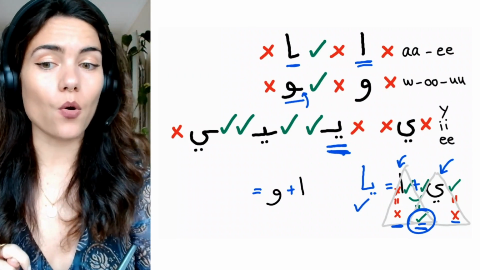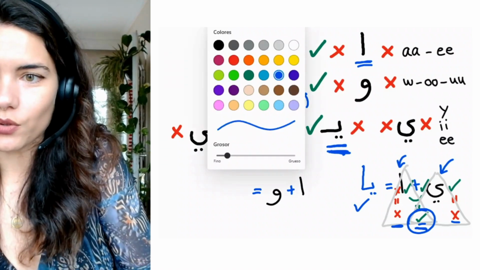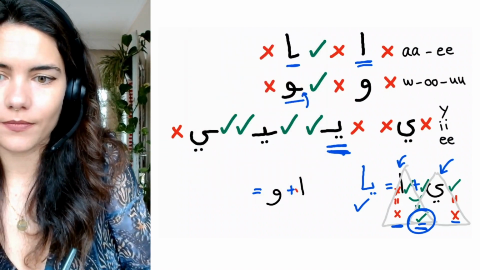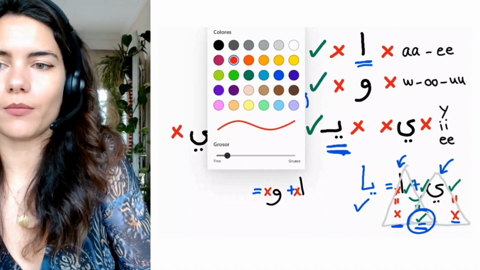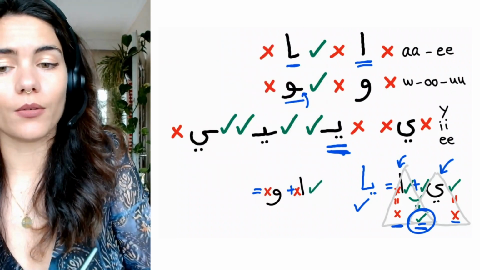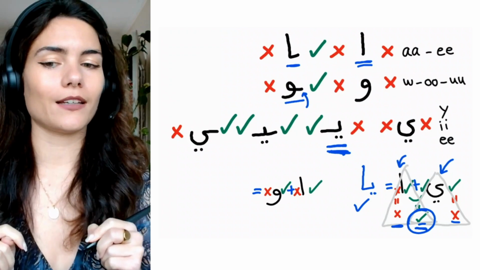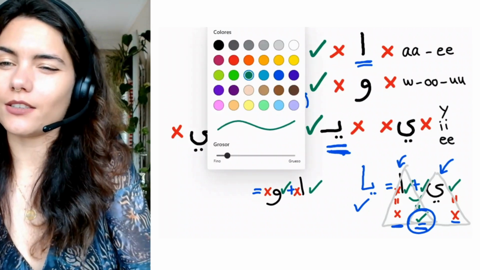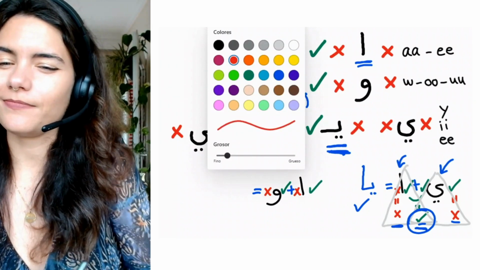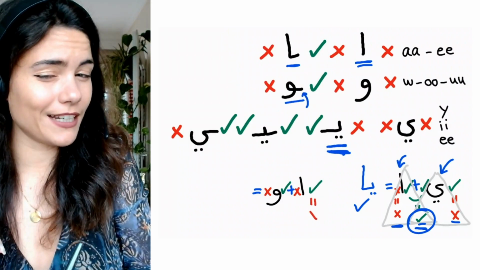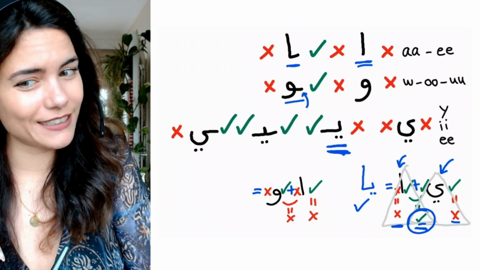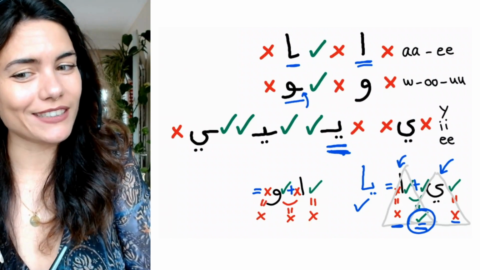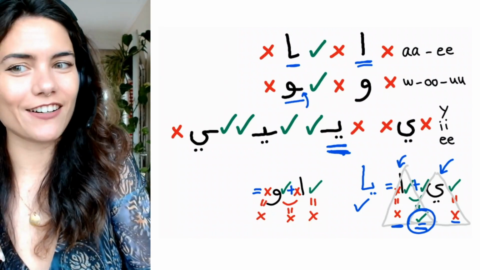Then we have Aw. Aw, we do exactly the same. The alif cannot join from this side and the wow cannot join from this side, but they can join from the right side. So we write a tick. Are these letters going to join? A tick equals an X. A tick and an X equal an X. And an X equals an X. They are not going to join.